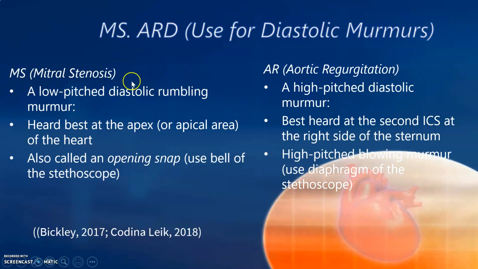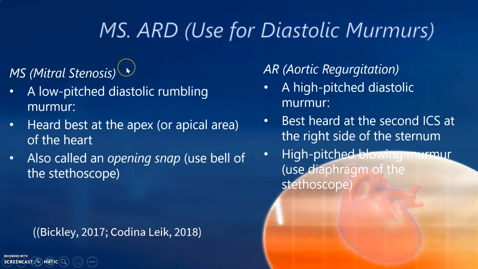In addition to that, you know that with mitral valve either stenosis or mitral valve regurgitation, you still listen to both of them at the apex or the apical area of the heart. What's going to distinguish if it is mitral valve stenosis or mitral valve regurgitation is if it is a diastolic or a systolic murmur.